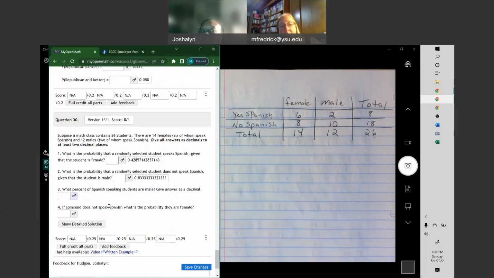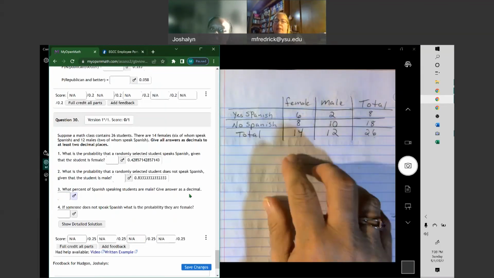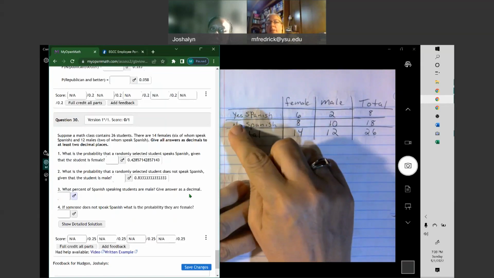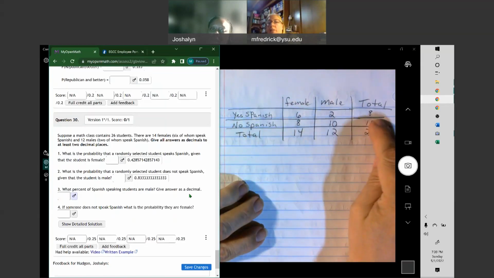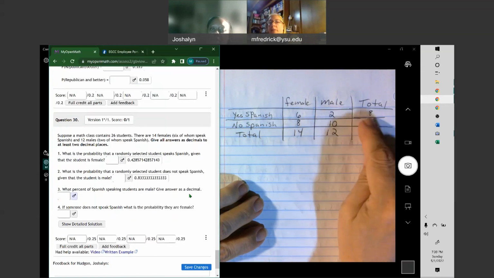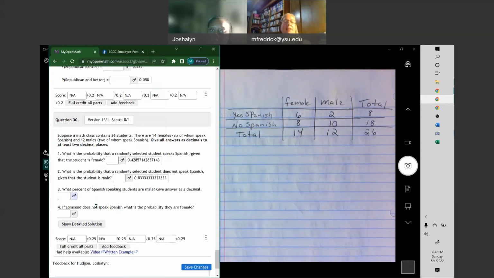So we are given they're Spanish speaking. What's the probability they're male? So 2 over 26? No, because of the wording. We're given they speak Spanish, so in this case, we're going across. So 2 out of the 8. That's a little tricky when they're written like that. I'm trying to understand. What percent of Spanish students are not? Okay. I get it now.